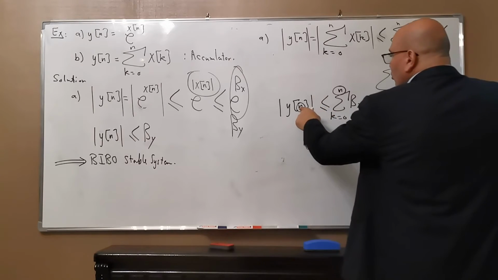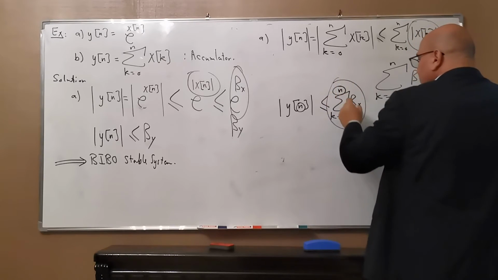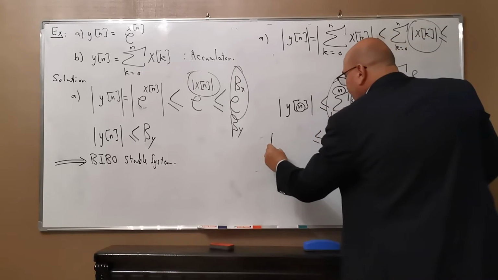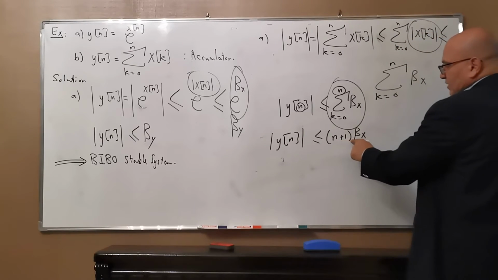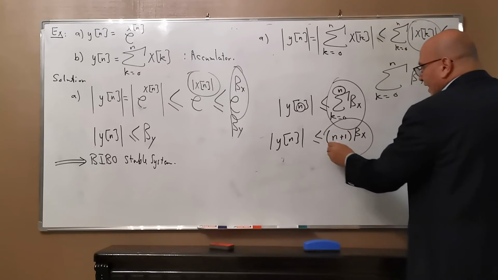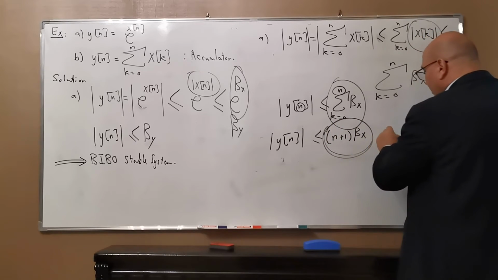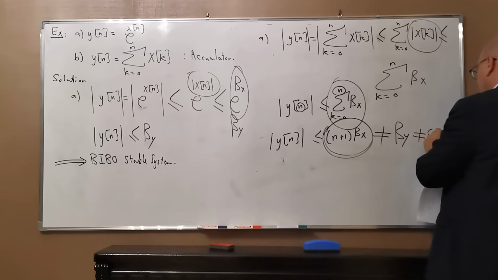So as you grow in time, this one will also grow. What will this summation be? This summation will be n plus 1 times beta x. So the absolute value of y of n is less than n plus 1 times beta x. As you grow in time, this upper bound will grow in time, and this one is not equal to beta y. It's not equal to a constant.